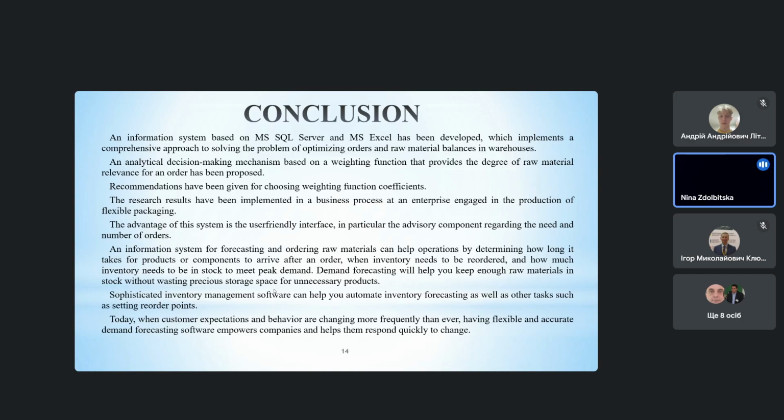Recommendations have been given for choosing the weighting function coefficient. The researchers' results have been implemented in business processes in enterprises producing flexible packing. The advantages of this system are a user-friendly interface and a component regarding the need and the number of orders.